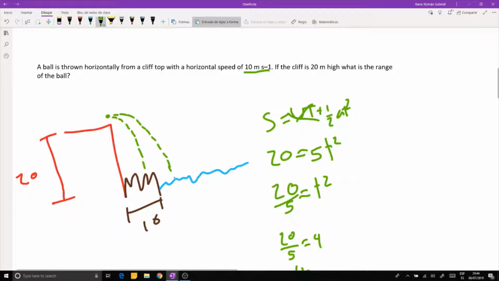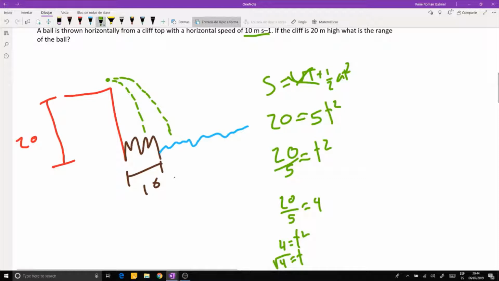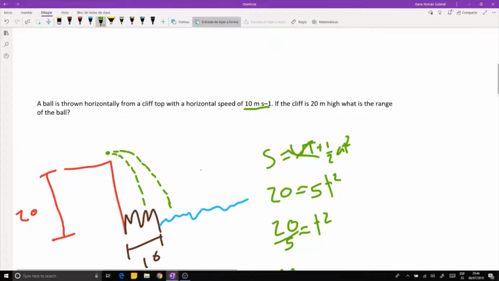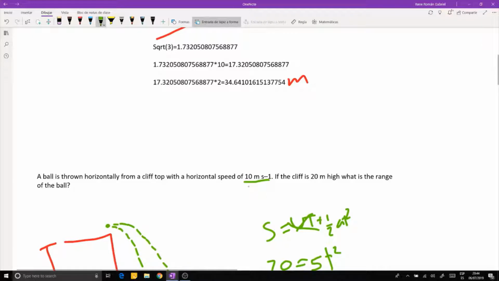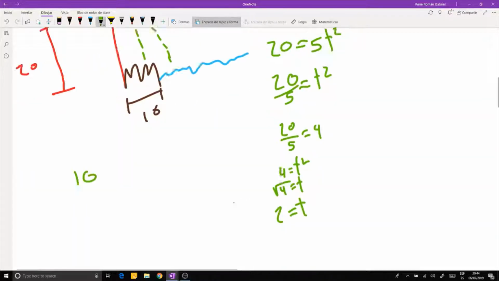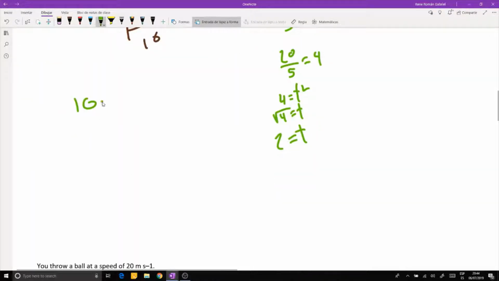So what we would do is multiply our velocity, which is 10 because they tell us here, times our time, which is 2, and that's it.